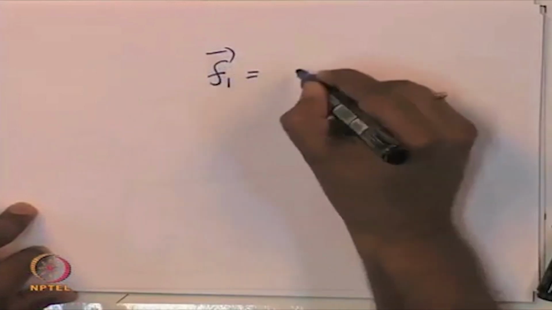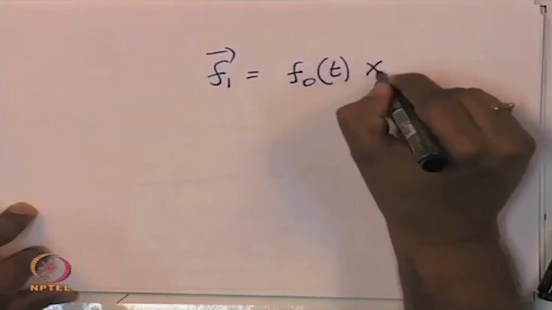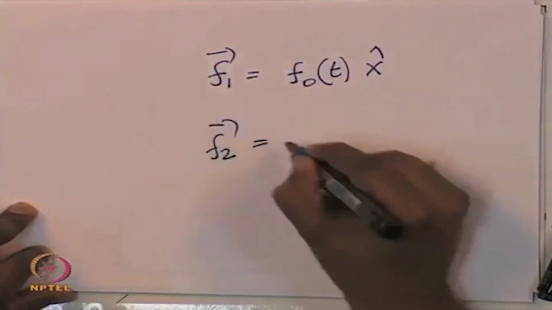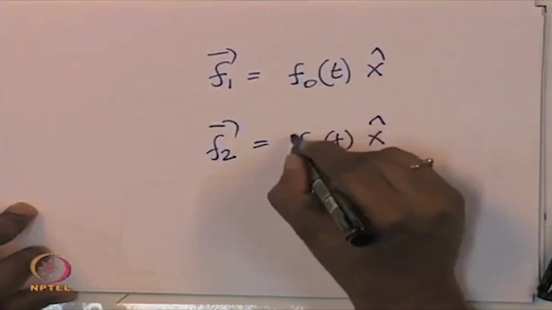Now, you can make the force time dependent if you want, then you can write F 1 is some F 0 function of time, but along minus x cap, and F 2 is F 0 of t along x cap.